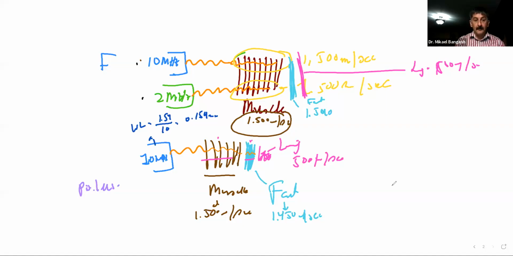Okay. So you can be given an example where they say, listen, girls, we have two different transducers that scan a specific tissue. Let's say two different frequencies.